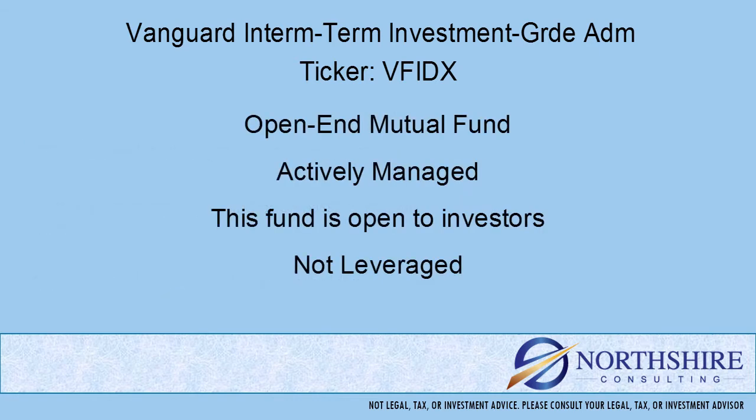This is an open-ended fund, or mutual fund as we know it. These are identifiable because they have a 5-letter ticker symbol that ends in X. One of the things about mutual funds, it's a little bit different than an exchange-traded fund, is that if you place an order during the day, that gets executed at the end of the day based on end of the day values.